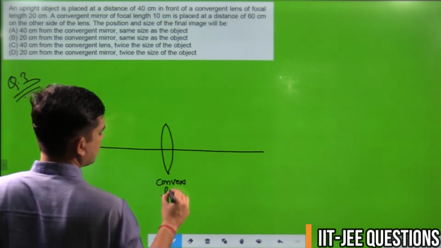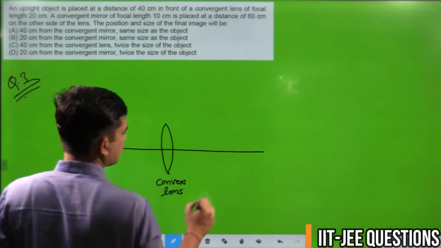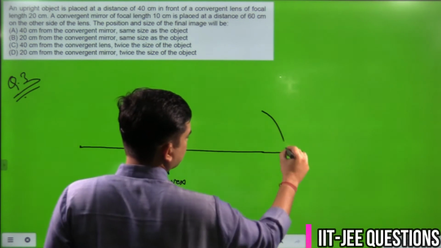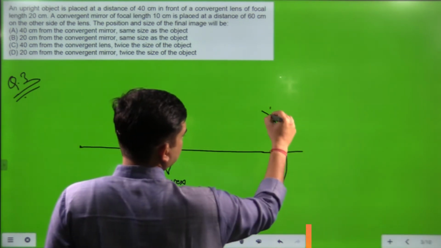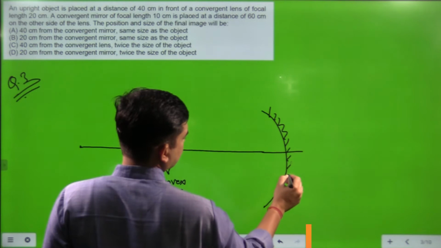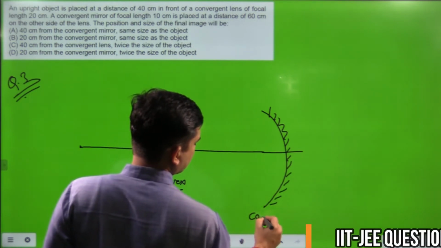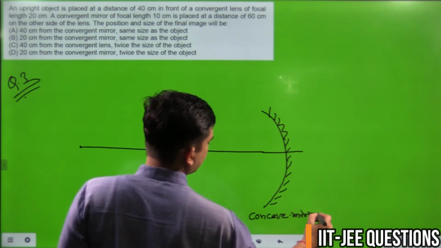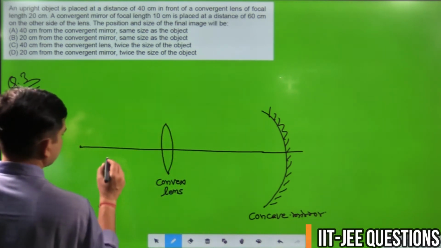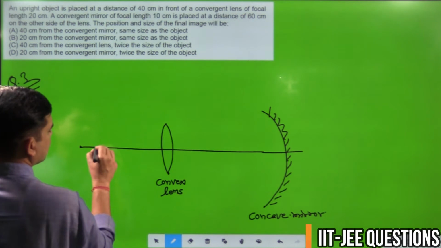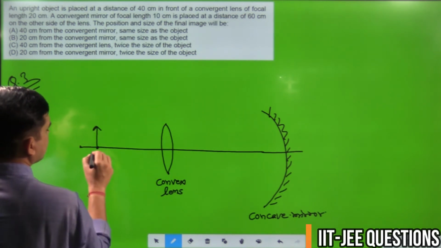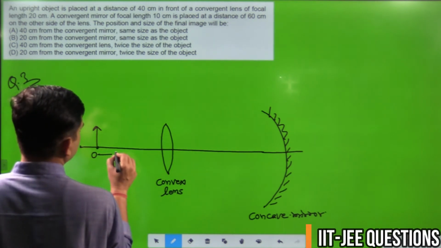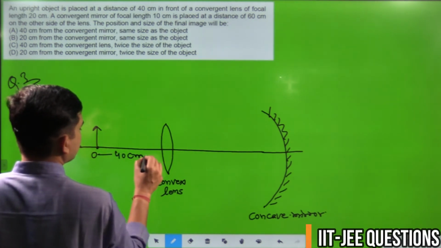Convex lens, concave mirror, the distance of the object, 40 centimeter.